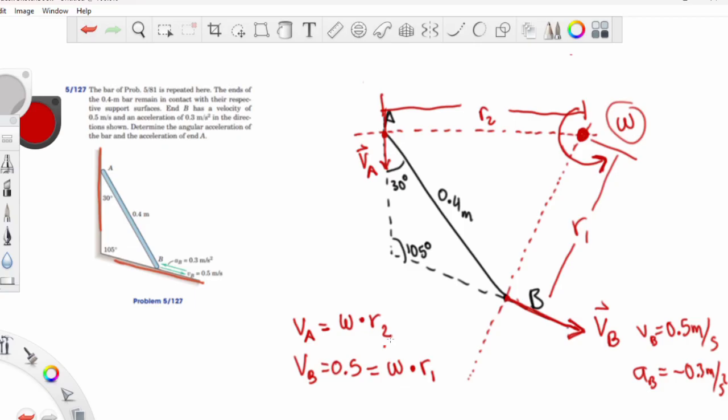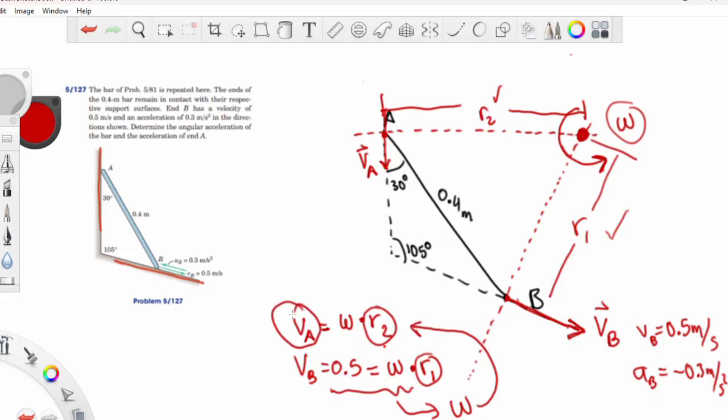From the geometry, we can identify the values of r1 and r2, and thus we know this value and this value. Then with this equation we can determine the value of the angular velocity, and then we can plug in that value here to determine the velocity of VA.